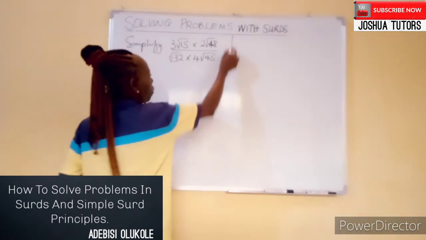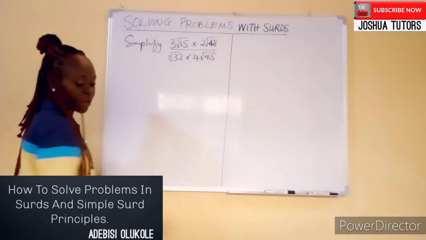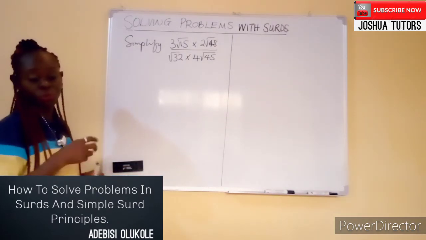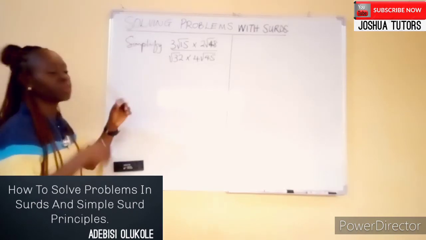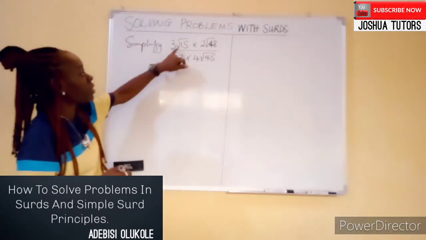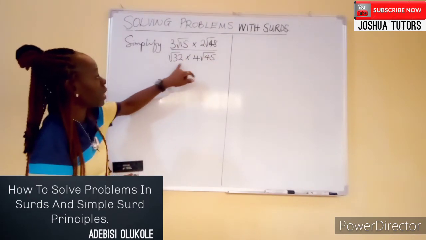Okay, we're going to look at how to simplify because there are some things here that will eventually, by the time you reduce them to their basic forms, begin to cancel, both at the numerator and at the denominator. So I'm going to express each of these surds in their basic forms.